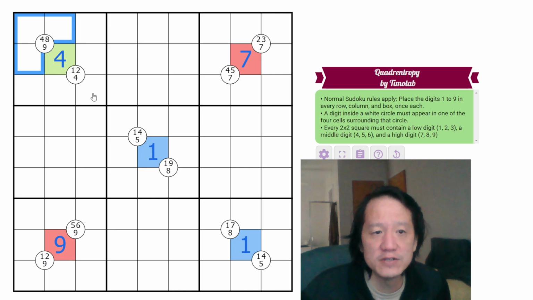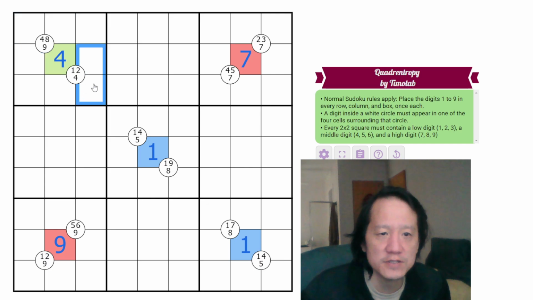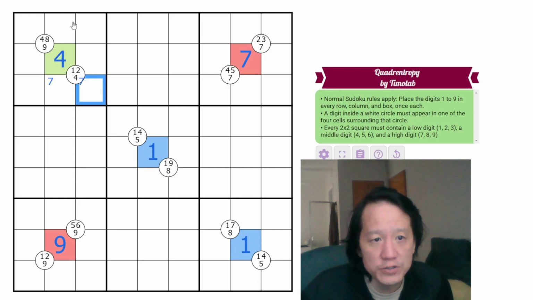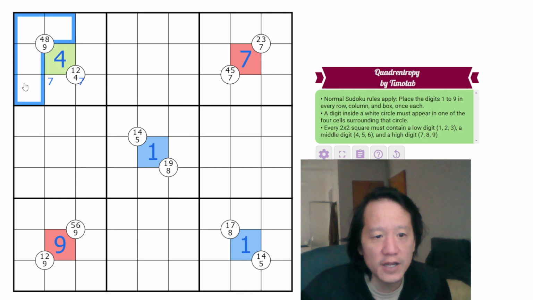So 7 is the only one that's left over. We know this can't be 7, and this can't be either, so the 7 has to be one of these two cells. We also know there has to be an 8 and a 9 in one of these two cells.